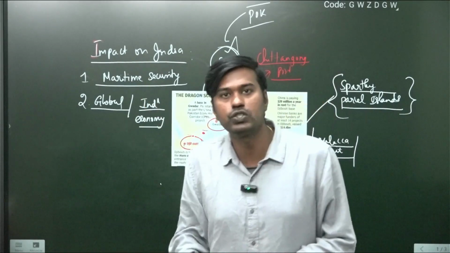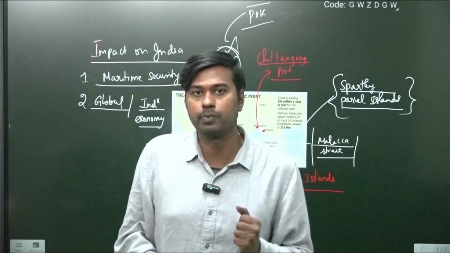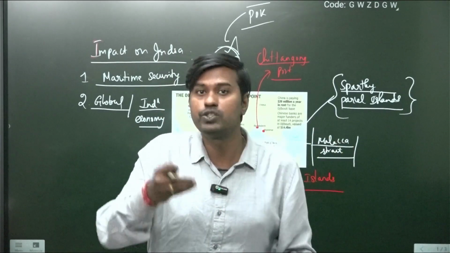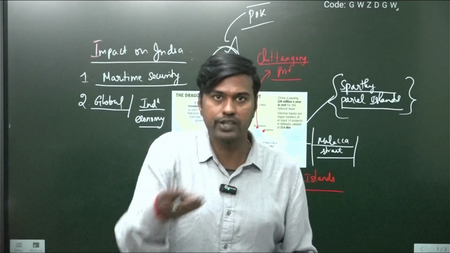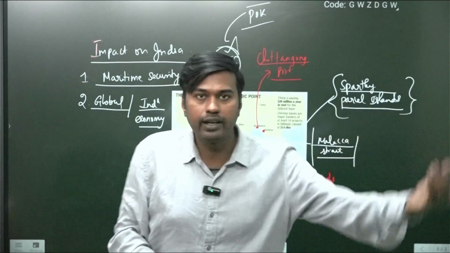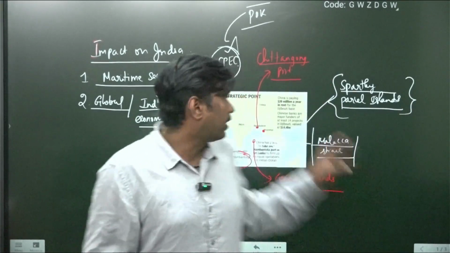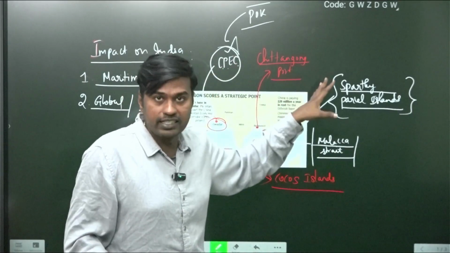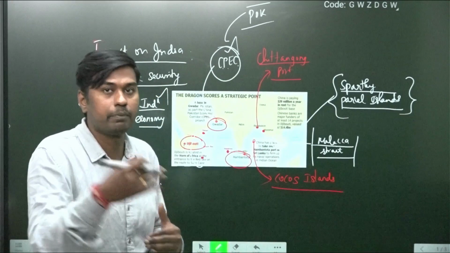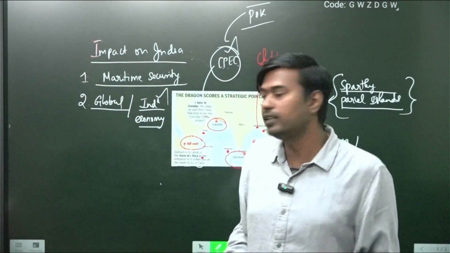And when it concerns India, to counter this string of pearls policy of China, we need to allot resources which we would have used for improving the education and health of Indians. Now we have to spend extra money to protect our country from the threats of Chinese activities in the Indian region. Due to that, economic diversion can happen and our resources might be misutilized. So that is going to affect our Indian economy.